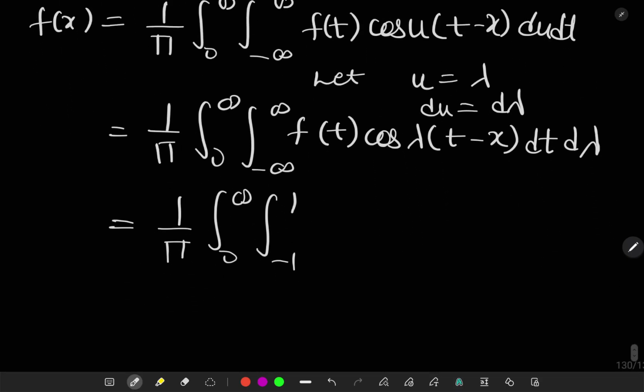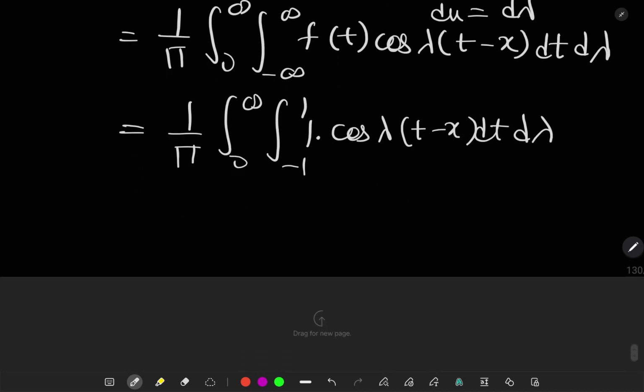So the limits are taken from −1 to 1 for f(t). So we can write here f(t) is 1 into cos λ(t − x) dt dλ.